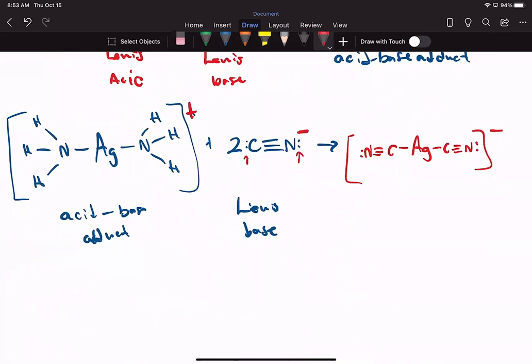So when we're looking at a case like this here, how do I know the carbon's going to bond and not the nitrogen? Well, this is where we work on bond order.